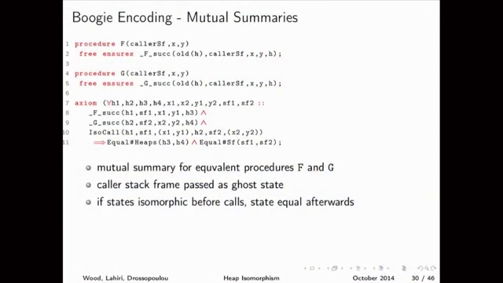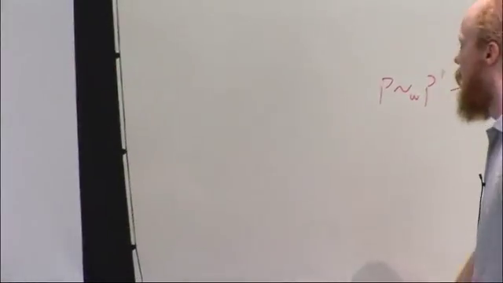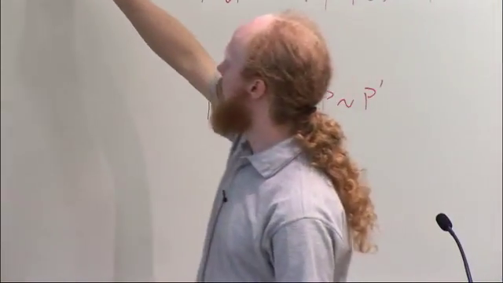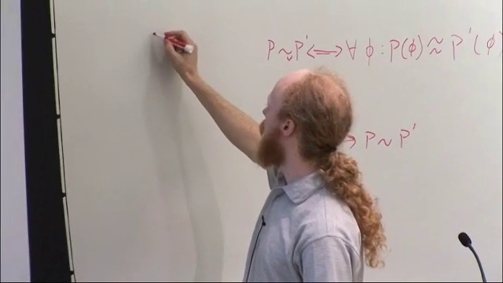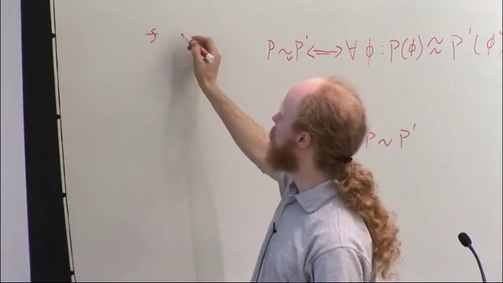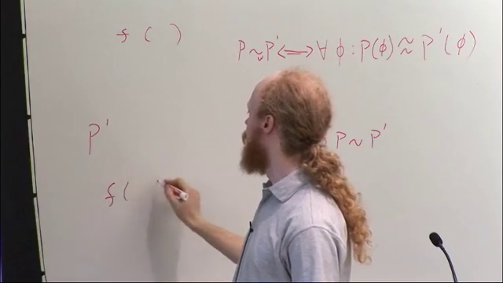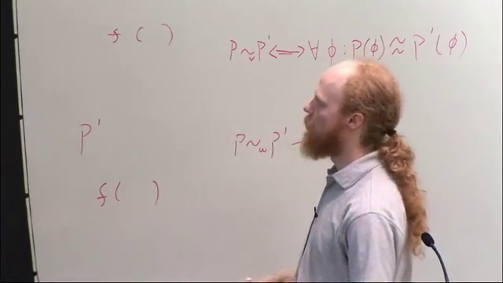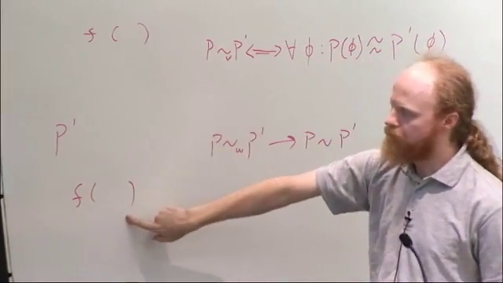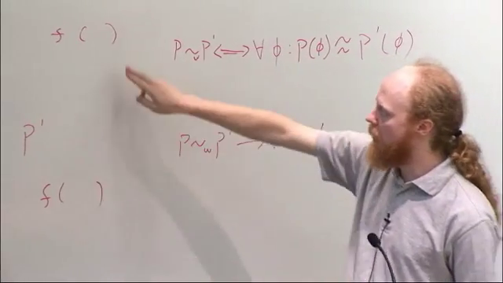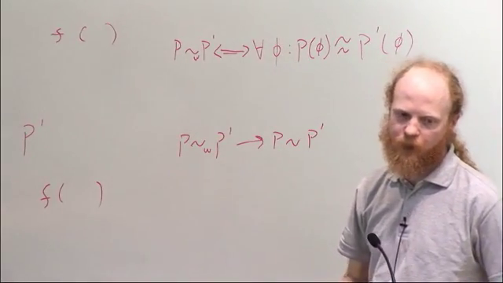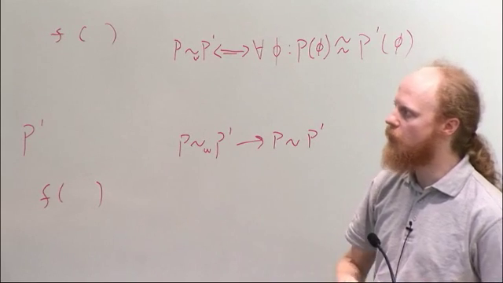So, as you said, if you have a procedure that calls some other procedure inside it, you have to have some way of using this fact about the equivalence of these procedures in Boogie.